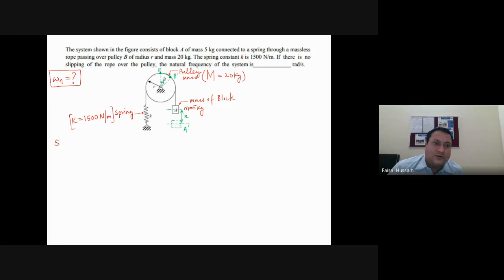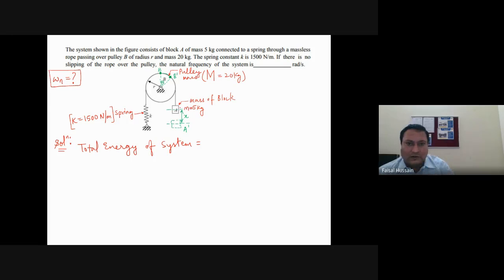Let us go to the solution. In this solution, the total energy of the system will be, see, this block A moves to position A dash because I have pulled it.